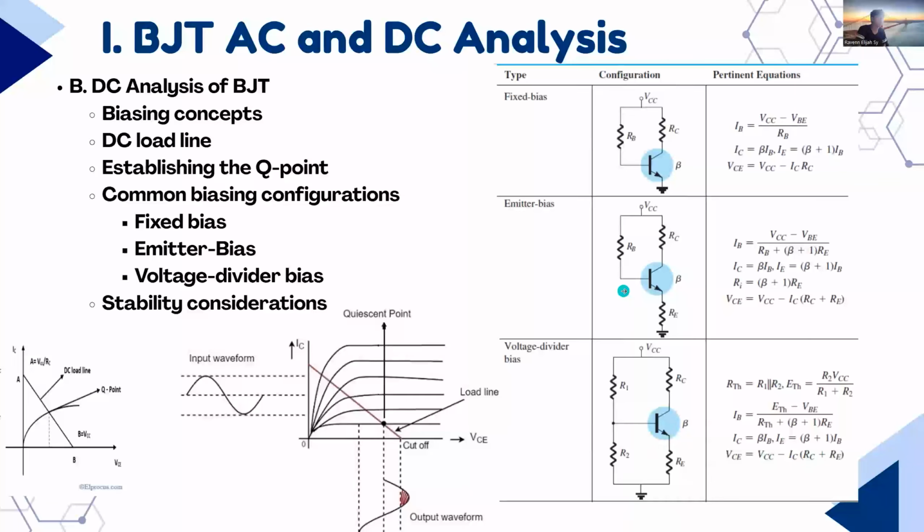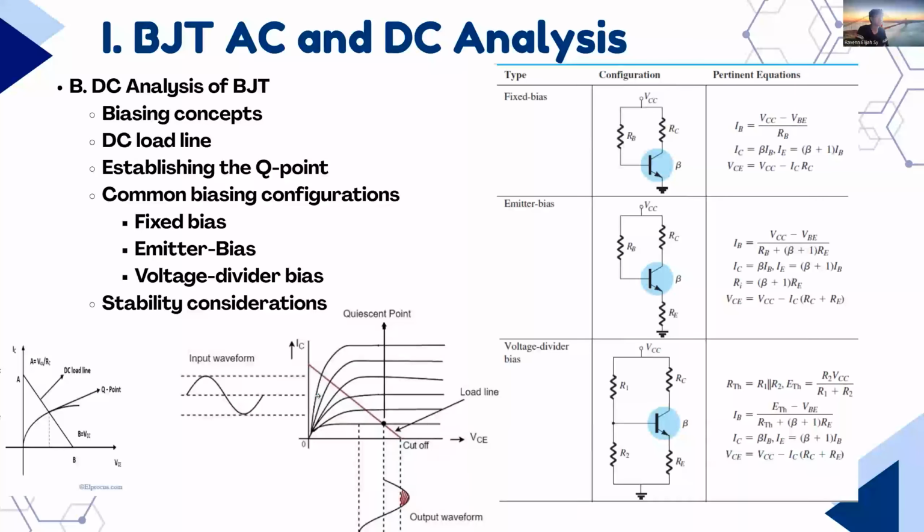Without proper stabilization, these changes cause the collector current to drift upward, shifting the Q point along the load line toward the saturation region. So if the collector current shifts upward, the Q point will also go upward. And in severe cases, this will lead to thermal runaway, which can destroy the device.